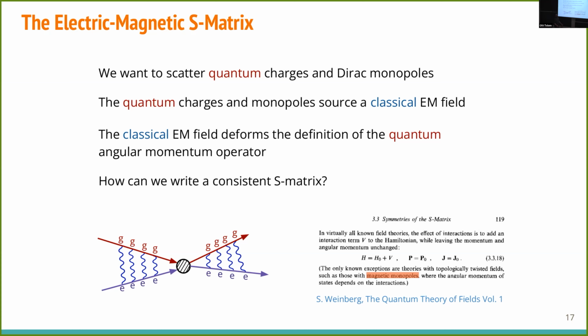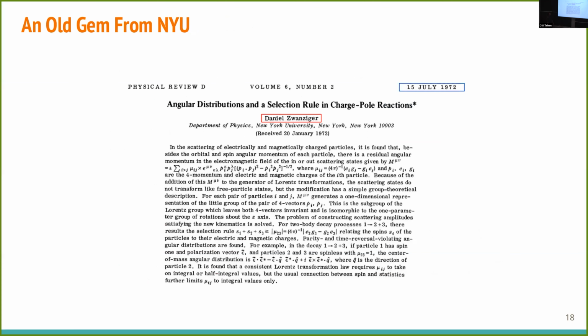So at this point, you have to close Weinberg, and everything that is from now on doesn't really apply, and you have to change the fundamentals of the S matrix to accommodate the deformation of the angular momentum, which is what we did.